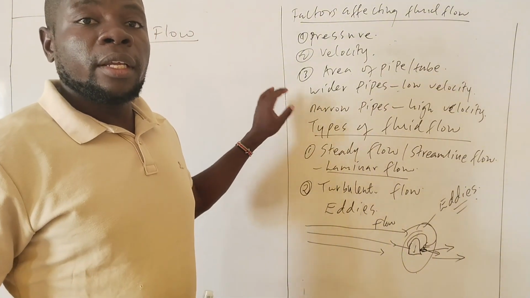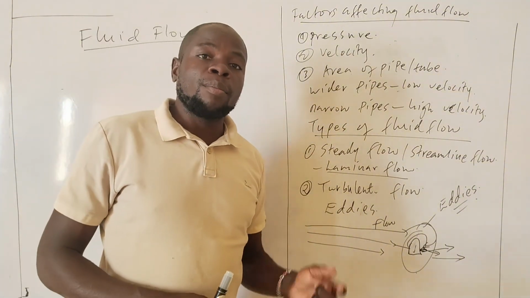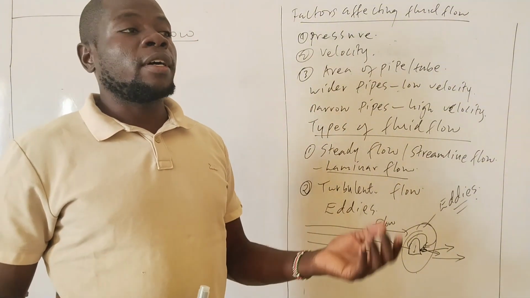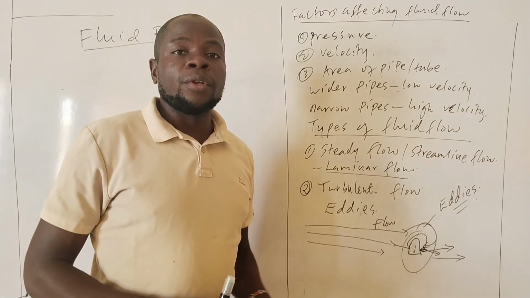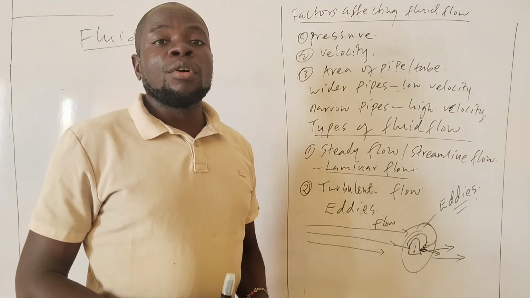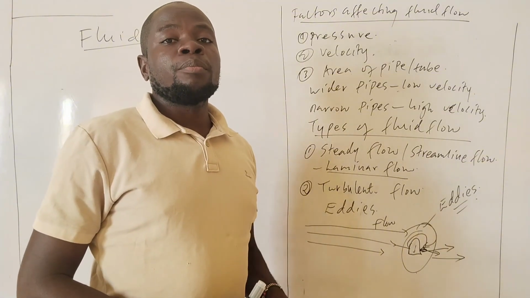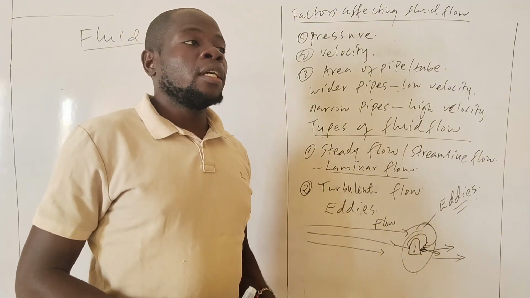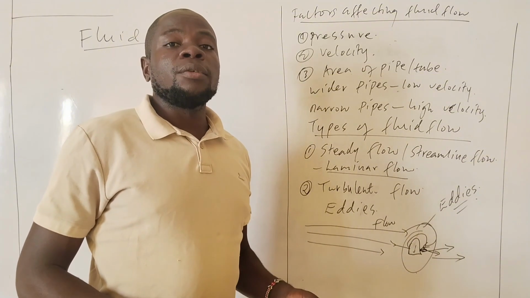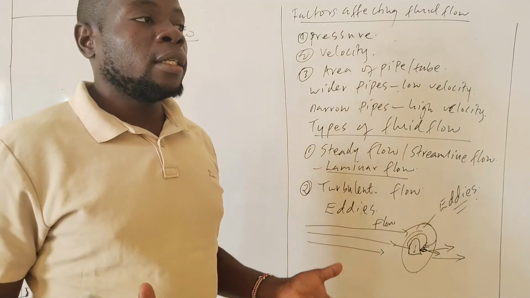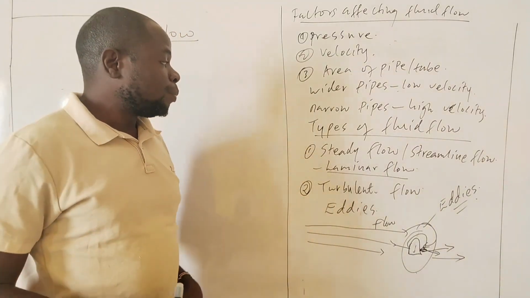And then number three, it is area of the pipe or the tube being used to transfer that liquid. So if you want it to go very fast, then you use a narrow tube. But if you want it to go very slowly, then you will use a wider pipe.